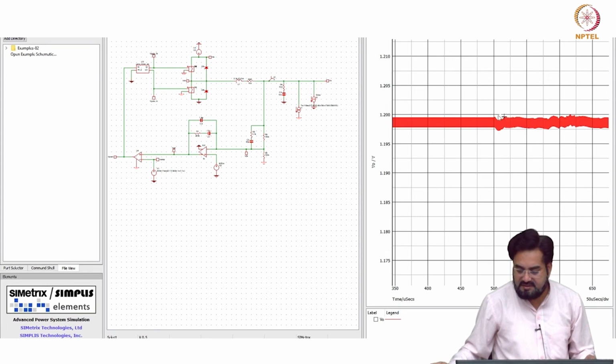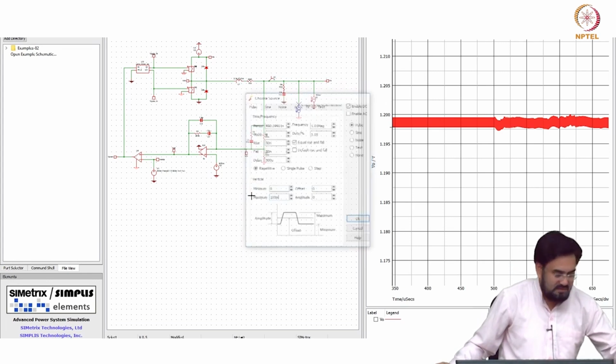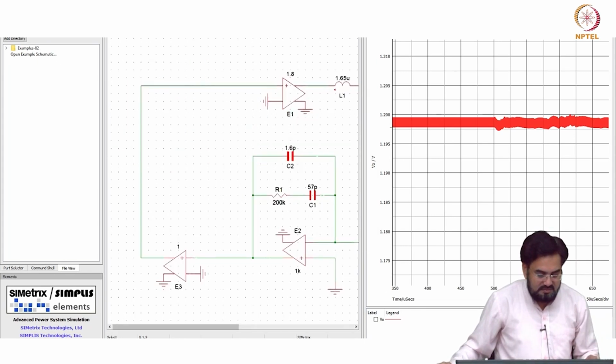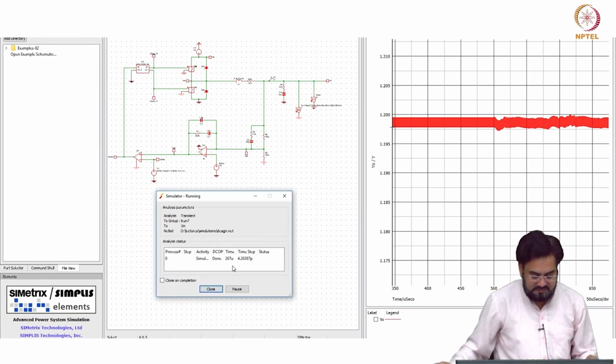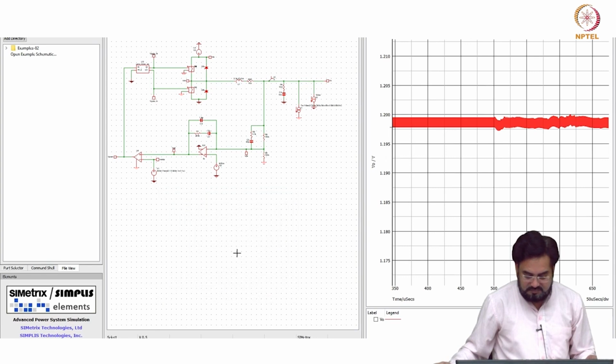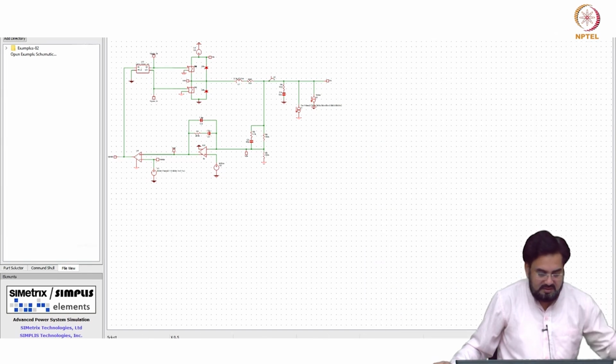So you get a very clean output, good. And now let me first show you the current probe.